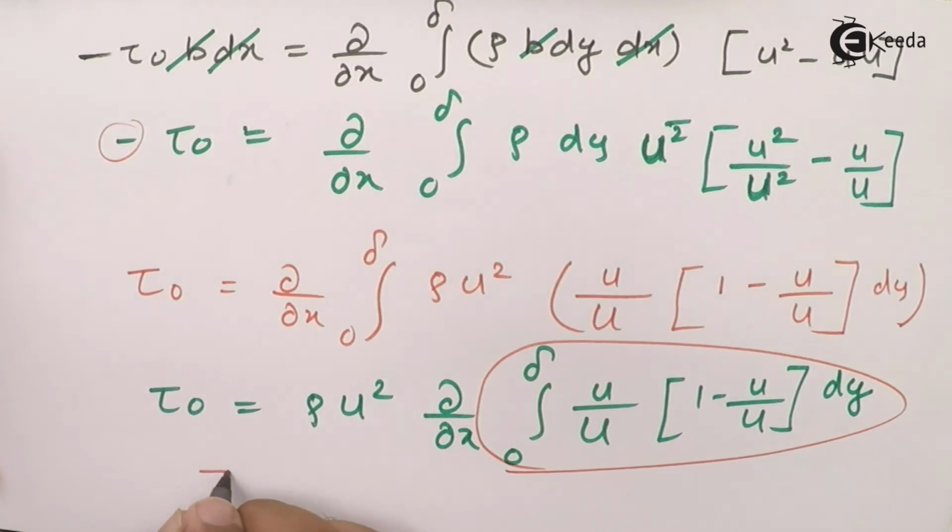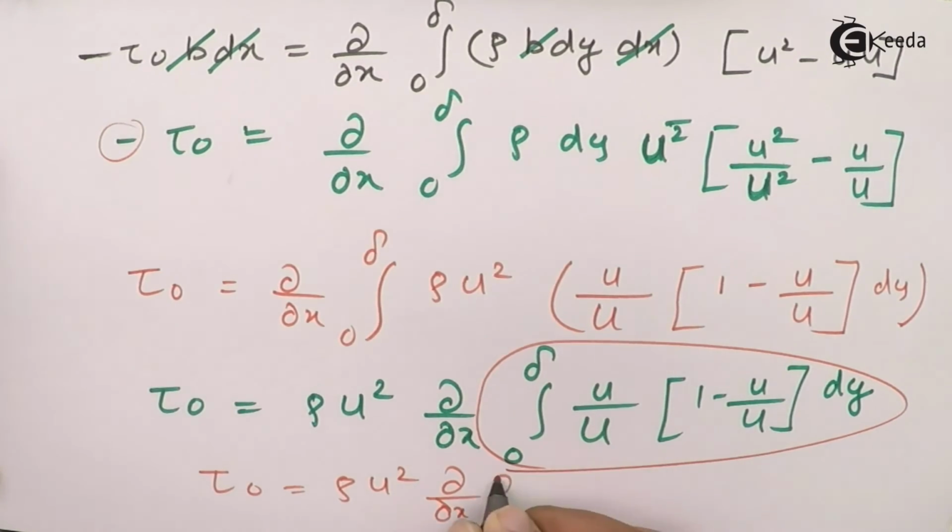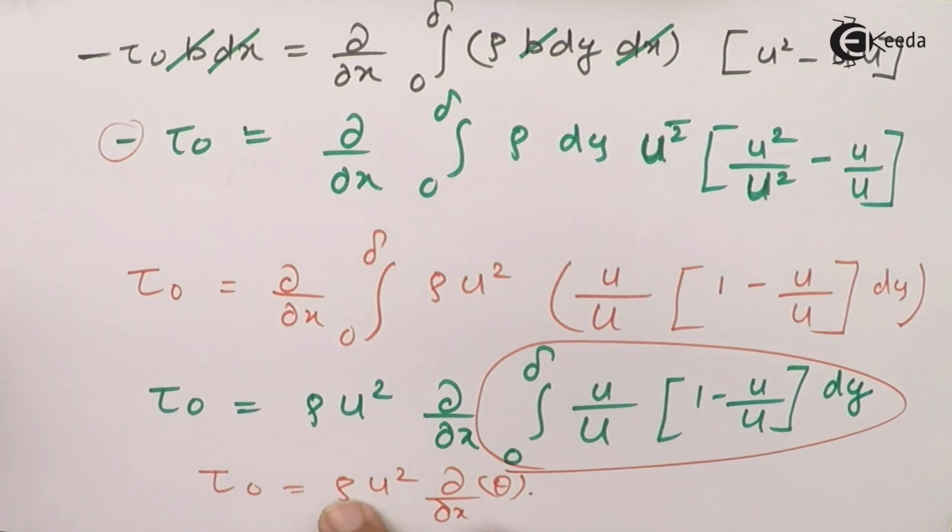So we can write this as tau is equal to rho into u square dou by dou x of theta. So this is what is von Karman's momentum integral equation, which is in terms of shear stress, that is equal to rho into u square into dou by dou x of theta.